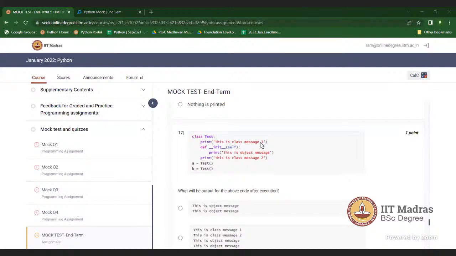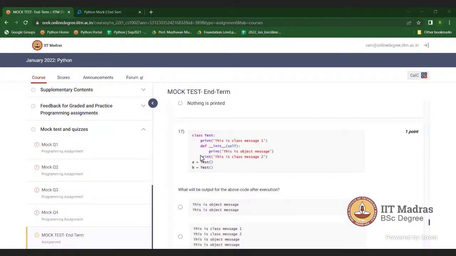Yes, print this is class message 1 belongs to the class, not to the object. This is clear. And what about line number 5, sir? Line number 5, once again, print this is a class message 2. Yes, sir, this one.